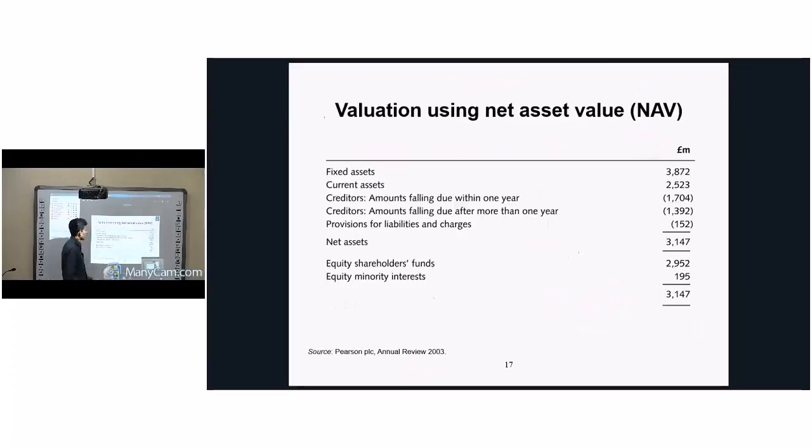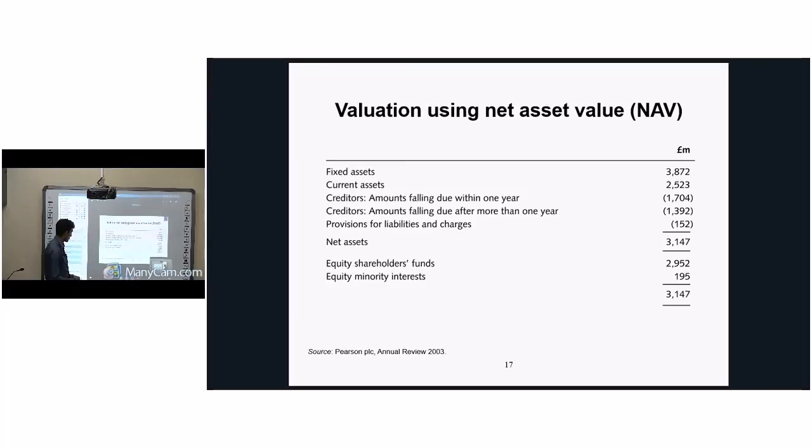Now this is an example to understand how to calculate the net asset value. This is a firm, Pearson PLC, one of the FTSE 100 companies on the London Stock Exchange. It shows fixed assets, current assets, then current liabilities, non-current liabilities and all the provisions.